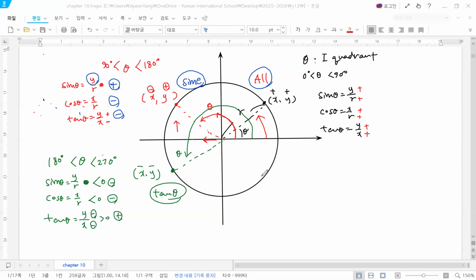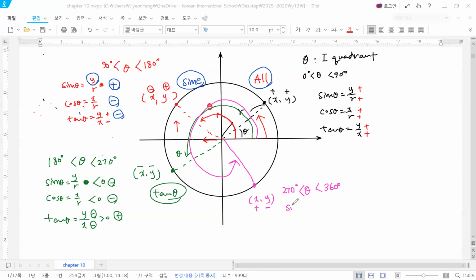The last one, when the coordinate is located on the fourth quadrant, x is positive and y is negative. In this case, the theta is more than 270 degrees and less than a full turn, 360 degrees.